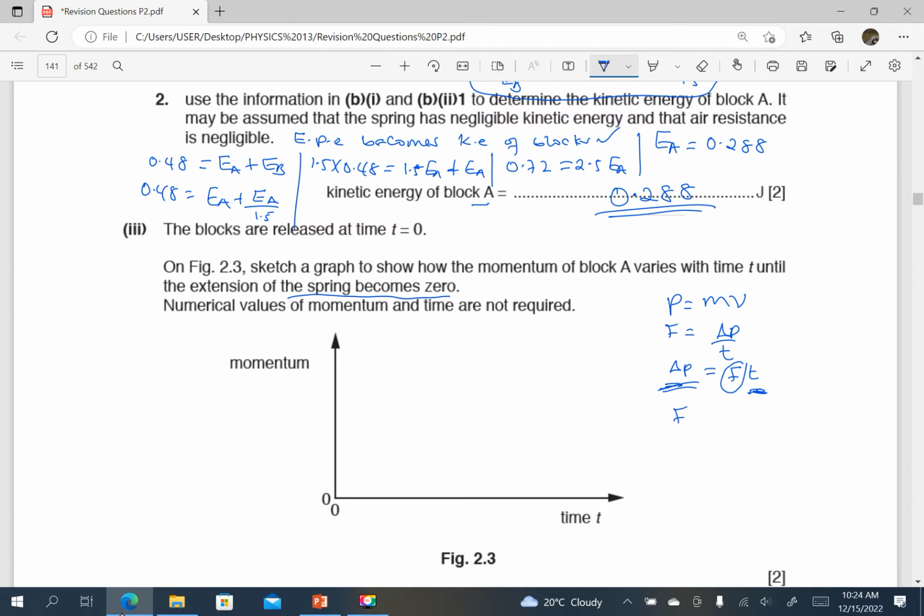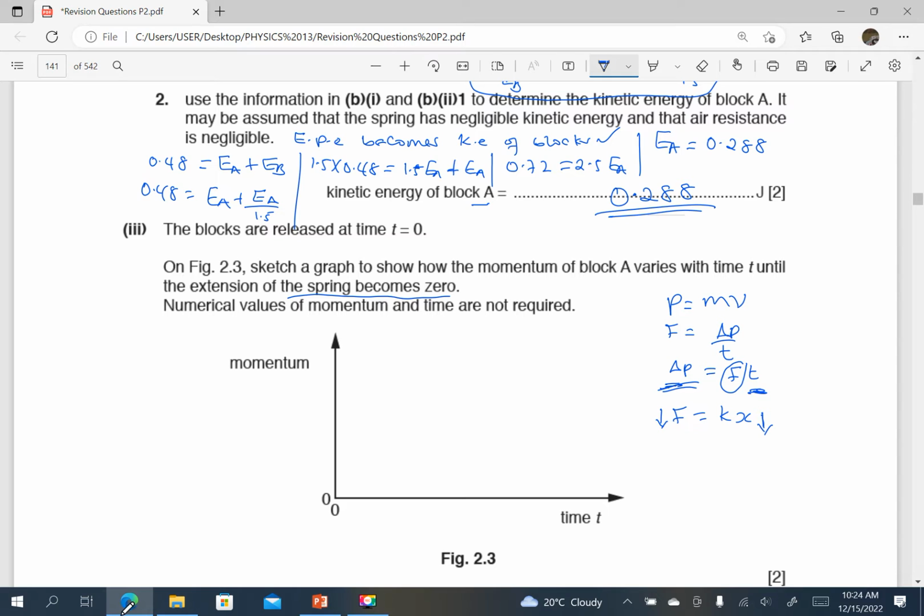And force, remember, is equal to K times X. What does that mean? They are saying the extension of the spring becomes 0. And as the extension becomes 0, of course, the force must also become 0. What does that mean? The gradient of the graph of momentum against time should be decreasing and it should be becoming 0.